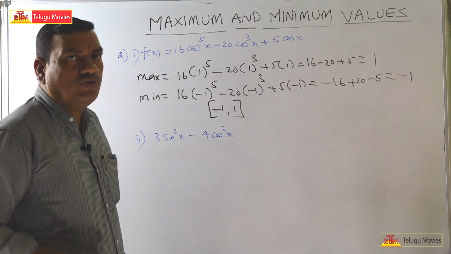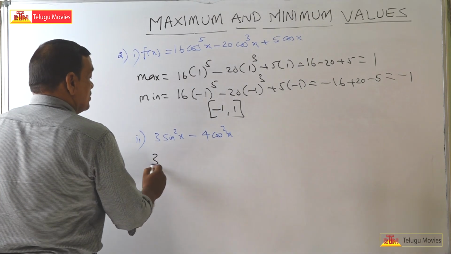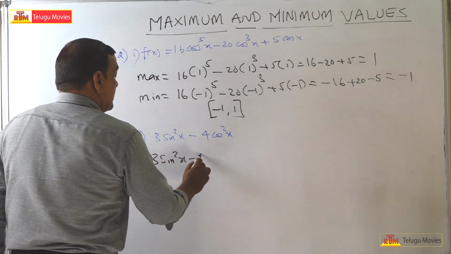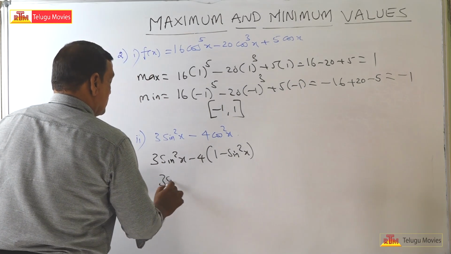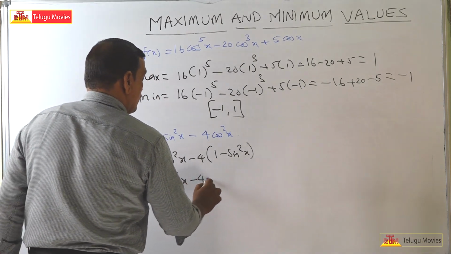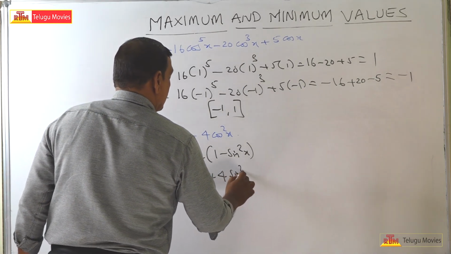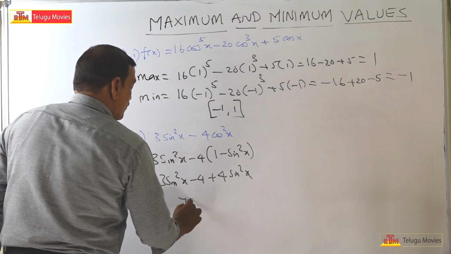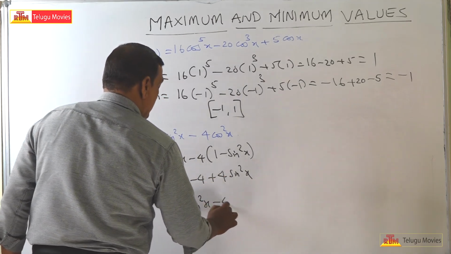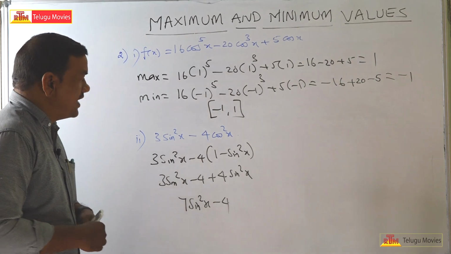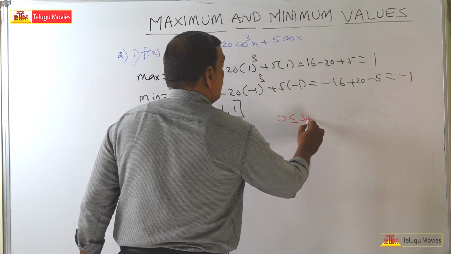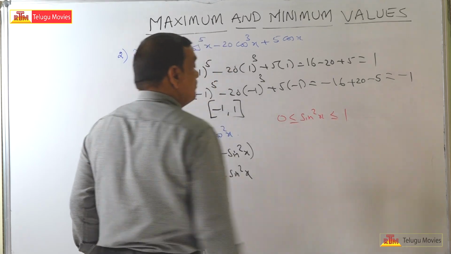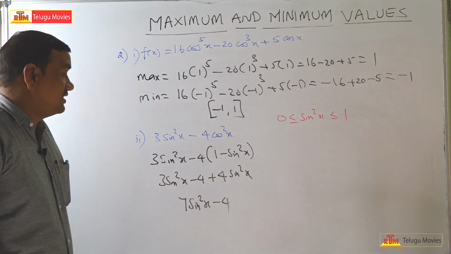I will convert into a sin x function. So this is 3 sin square x minus 4 times 1 minus sin square x. This is 3 sin square x minus 4 plus 4 sin square x. This is 3 plus 4, 7 sin square x minus 4. As usual we know that the minimum value of sin square x is 0 and the maximum value is 1. 0 less than or equal to sin square x less than or equal to 1.